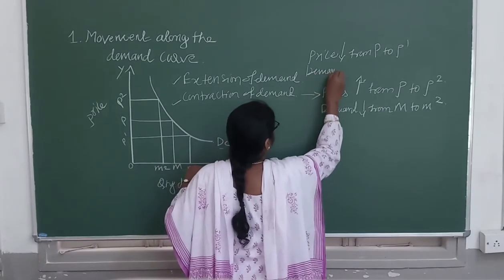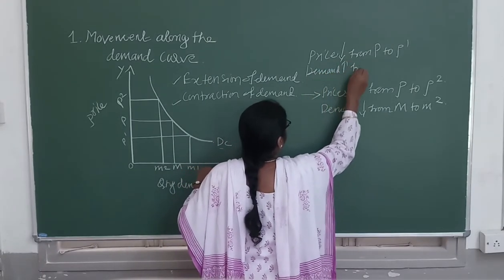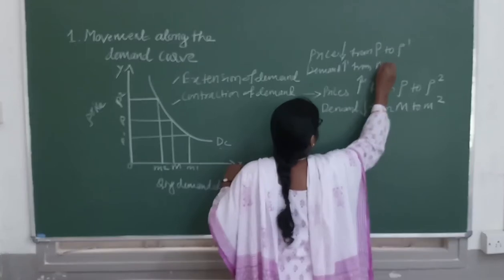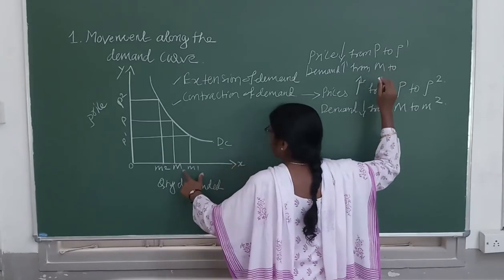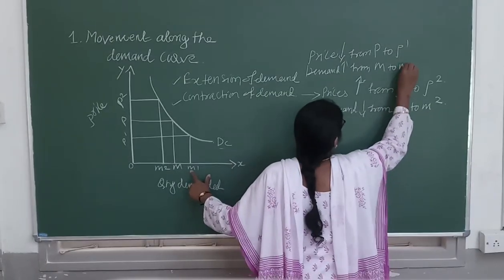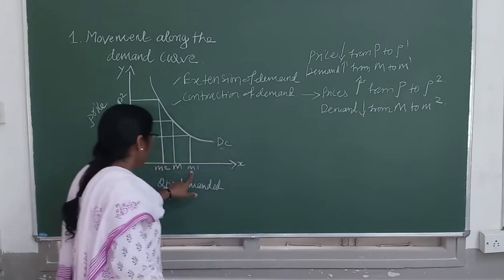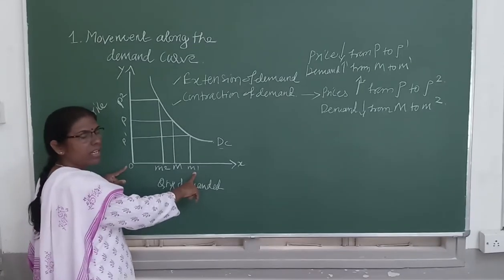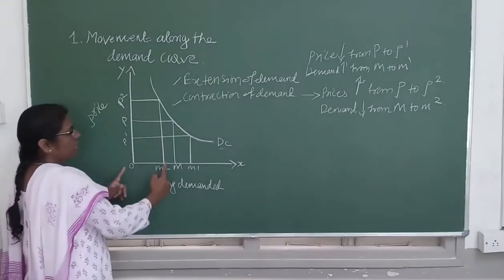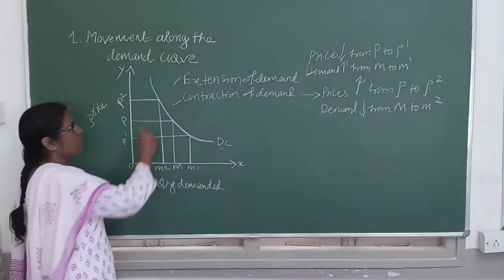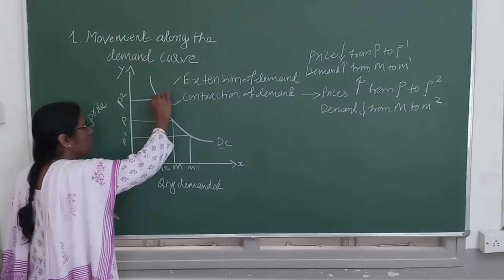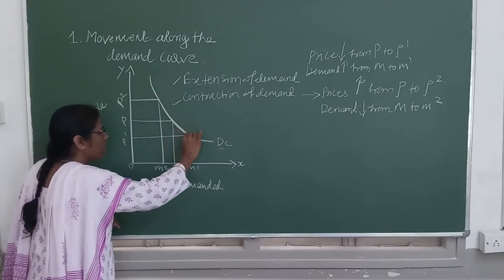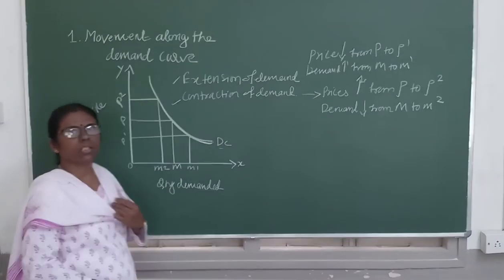Demand increases from M to M1. Yes, very interesting. So when price decreases, automatically what happens? Demand increases. When price increases, demand decreases. And here the consumer moves along the demand curve.